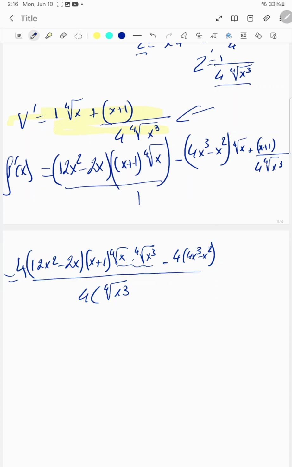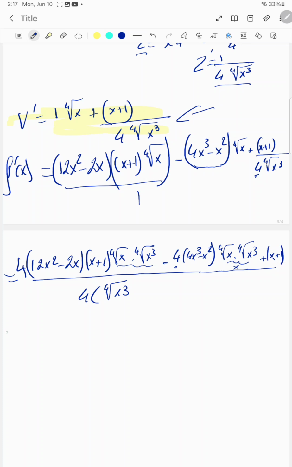Minus the 4 that is here, I multiply it by the fourth root of x times the fourth root of x to the power of 3, and those two become x, plus x plus 1.